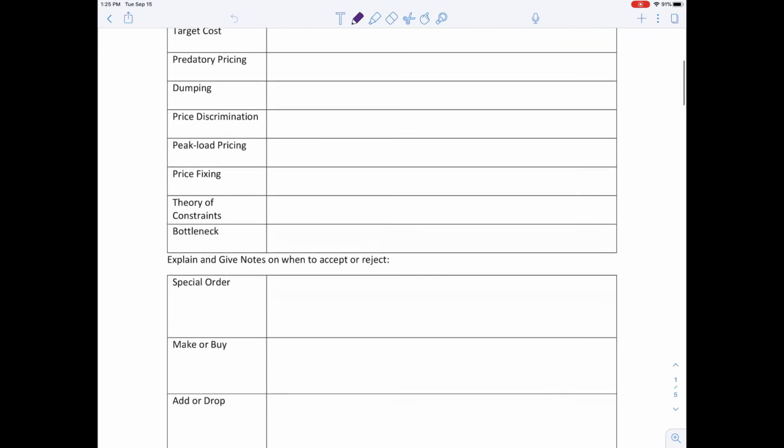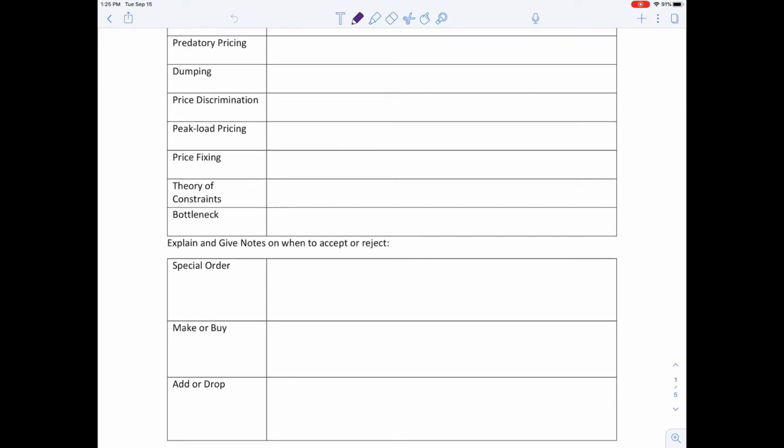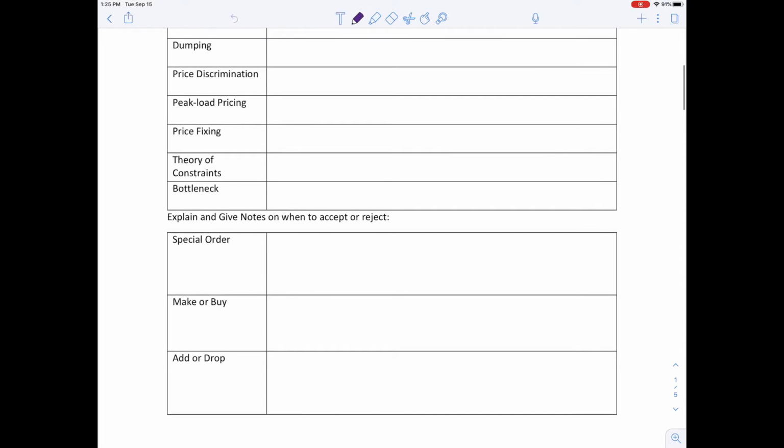When I'm looking for you to understand special order or make or buy or add or drop, what I want you to understand here is, first of all, what is the situation? For example, special order, we know that we're looking at a short run, one time situation.